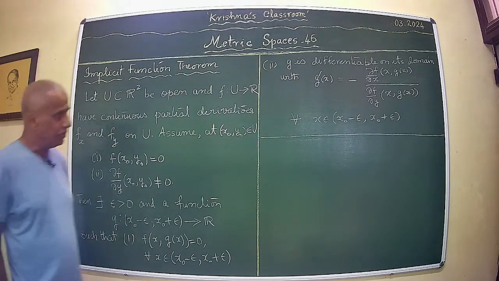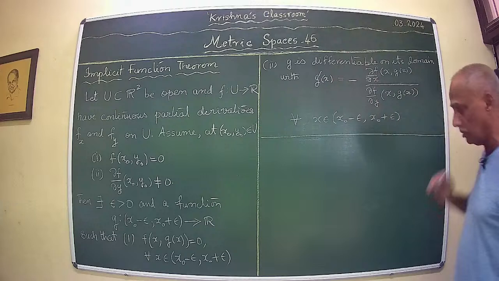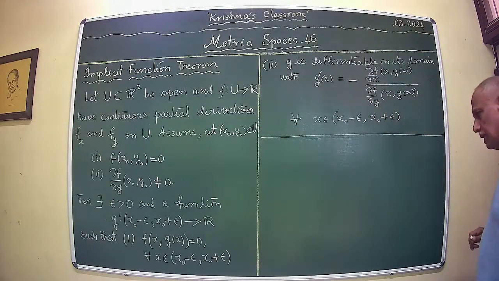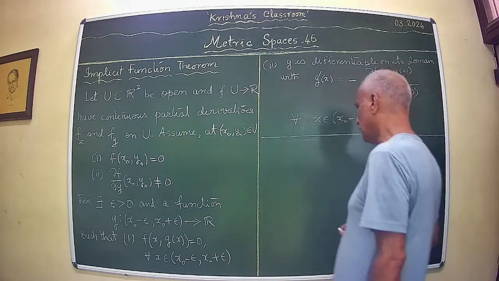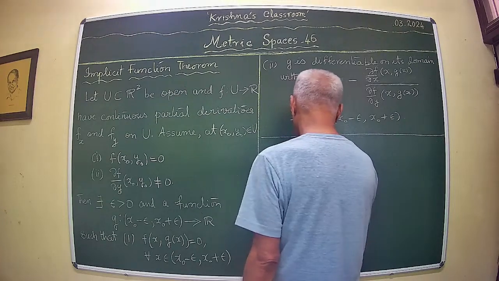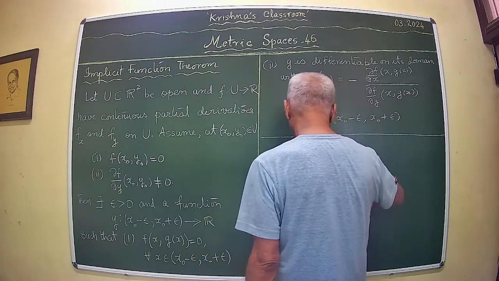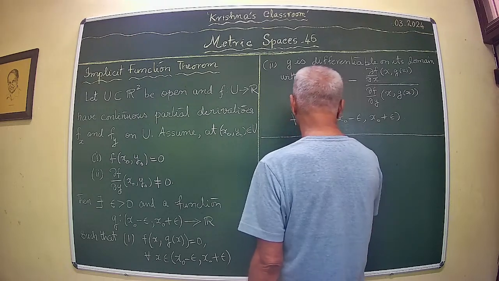Well, before I go to the statement of the theorem, which is already there on the board, I wish to return to the examples and probably give one more example. The first one of the examples that we considered was this. In R2, we have taken the unit, or say not necessarily unit, circle.